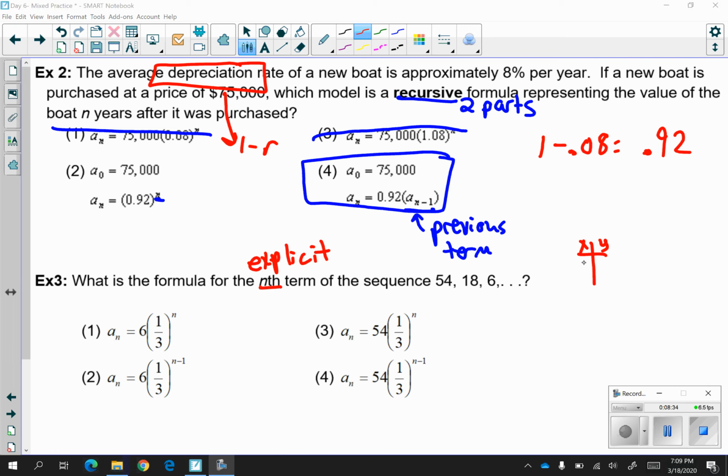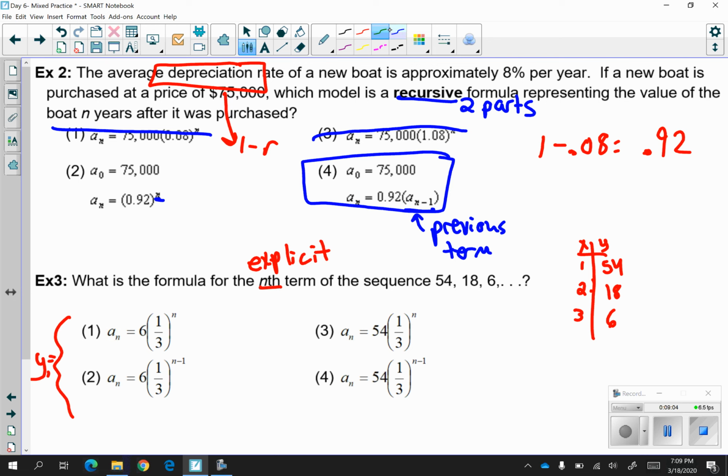So our first term was 54, our second term was 18, and our third term was 6. Now you can put all of these in y equals, and you can just look for the table, and you're done.